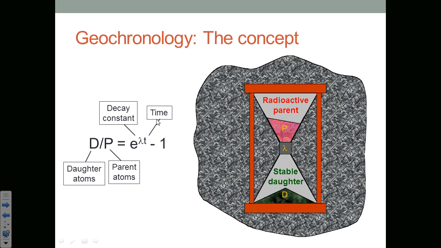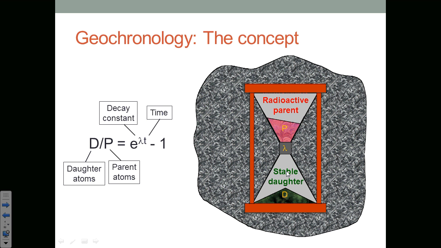So just a little bit of a primer on geochronology. What we're interested in here is measuring the ratio of parent radioactive isotope to stable daughter product. And if we can measure this ratio in a mineral grain that contains a radioactive isotope, then we can calculate an age.